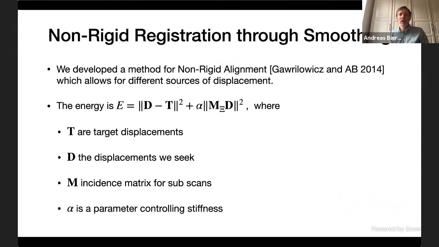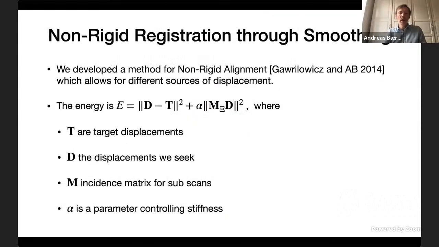And the second term is where you multiply the displacements D onto the matrix M, which takes the difference of displacements at adjacent vertices on each subscan, and thus penalizes differences between the displacements at adjacent vertices. And then alpha is a parameter controlling the stiffness. So minimizing this energy with appropriate choices of alpha, we are able to implement basically the same method that you saw as the toy example before.